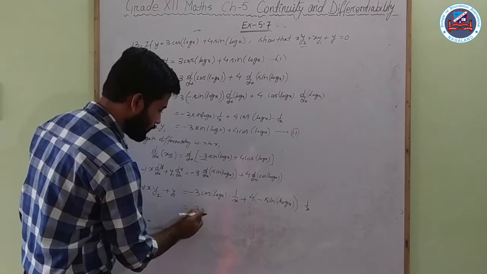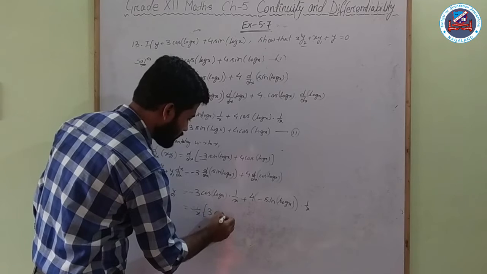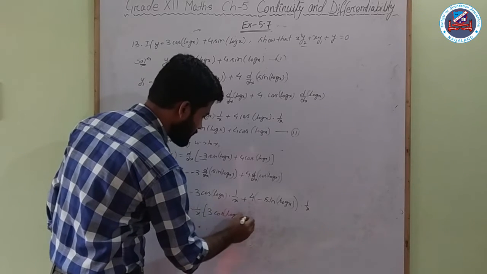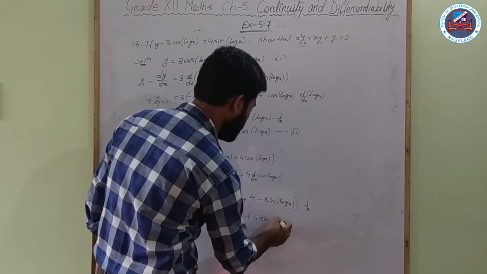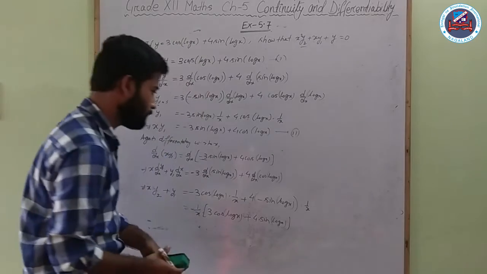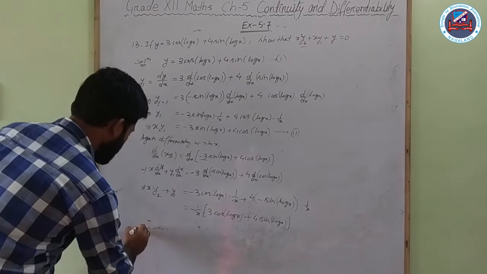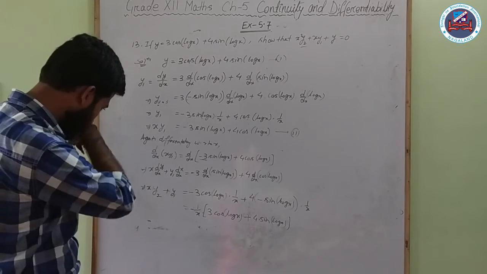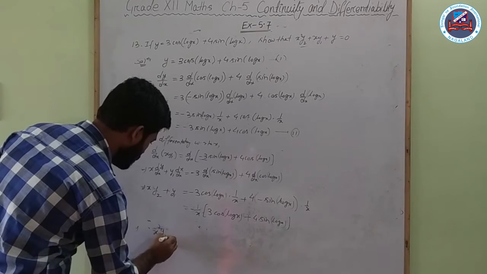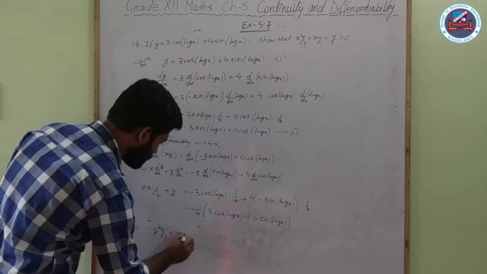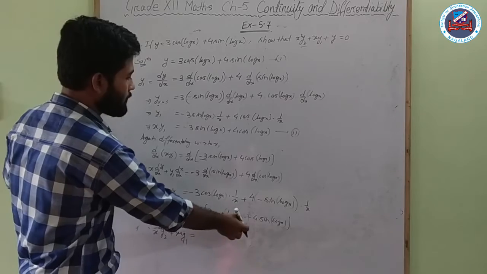I can take a negative 1 by x common. So I shall have 3 cos log x plus 4 sine log x. Fine. I have taken the negative and the 1 by x common. So in the last line, I can take the x that side and cross multiply, so it will be x squared y2 plus x y1 is equal to 3 cos log x plus 4 sin log x.